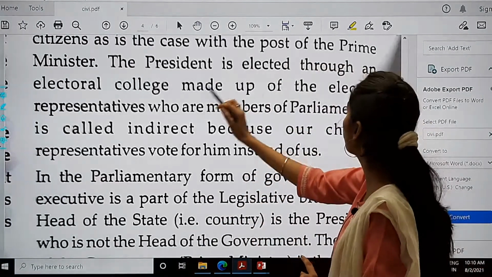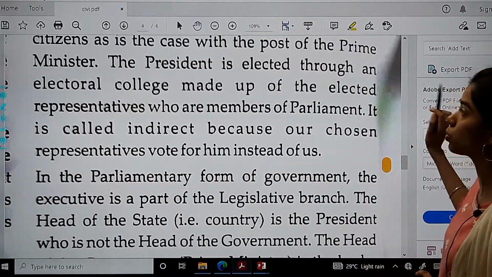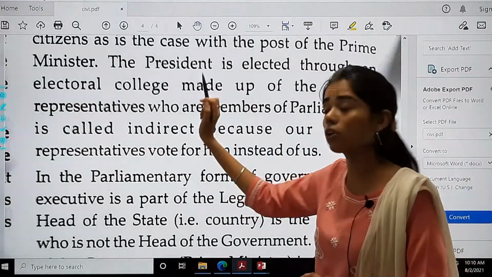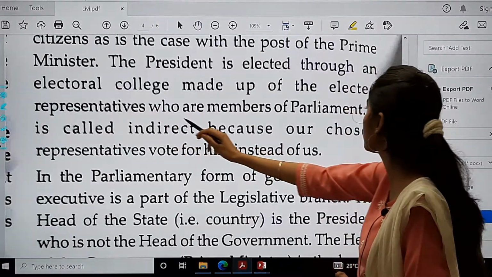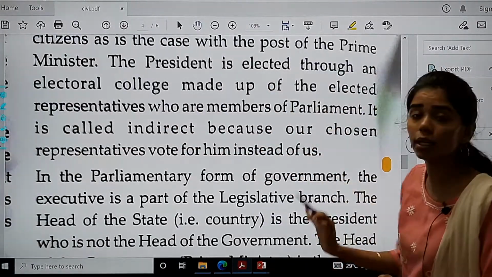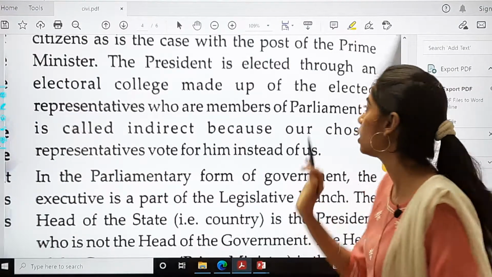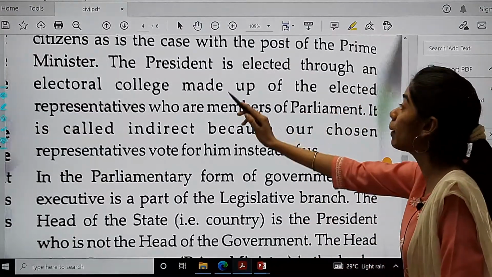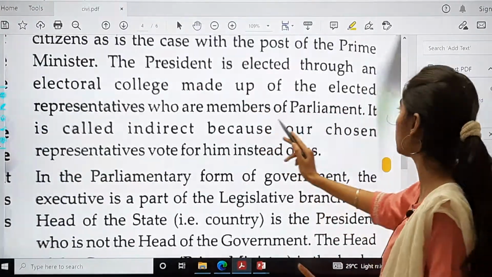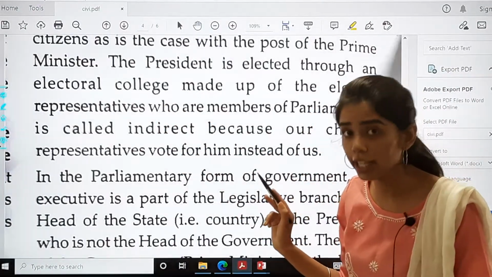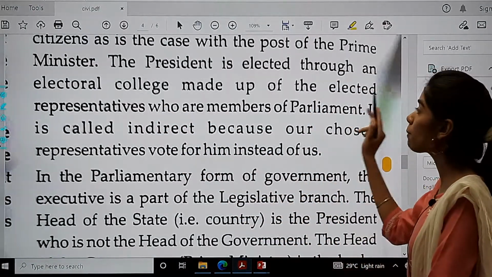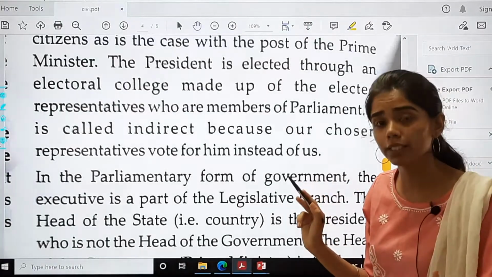Clear? The President is elected through an electoral college made up of the elected representatives who are members of the Parliament. Once again, the President is elected through an electoral college made up of the elected representatives.